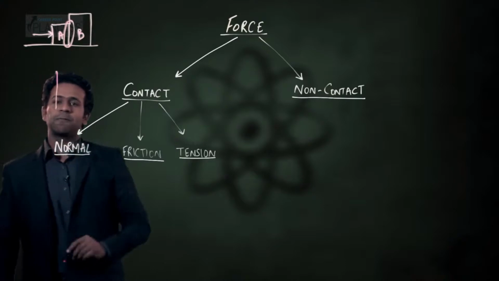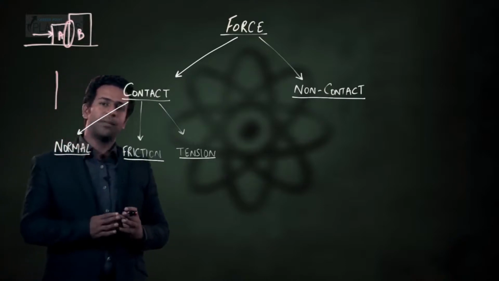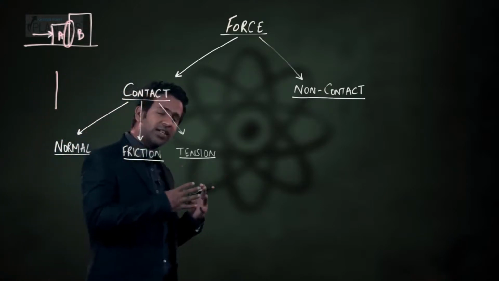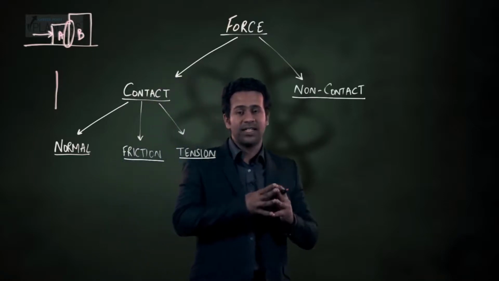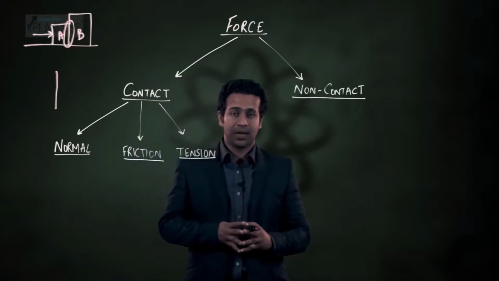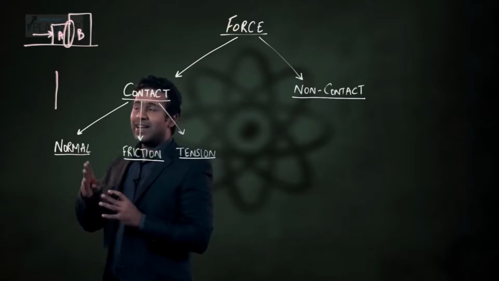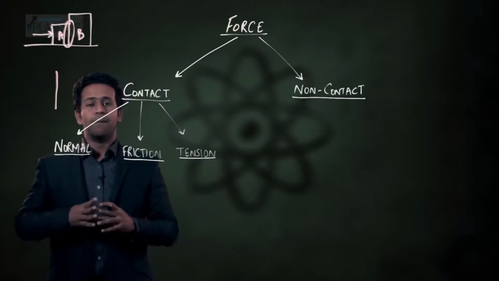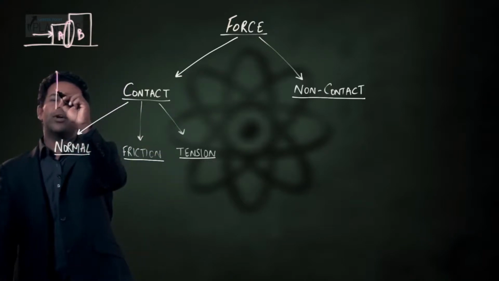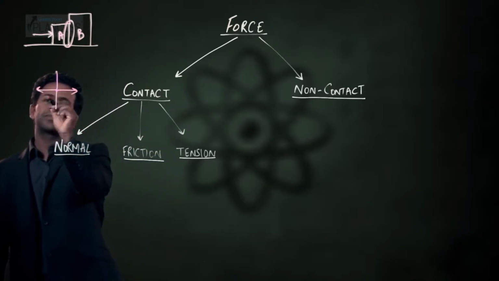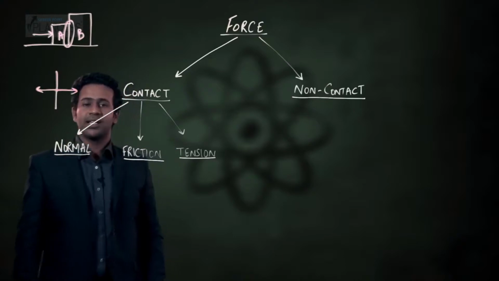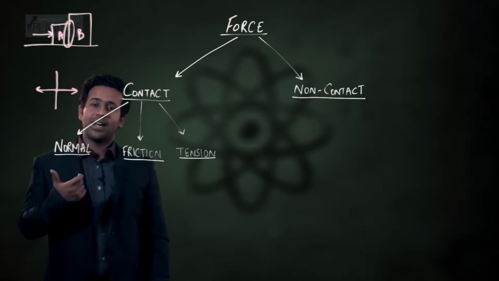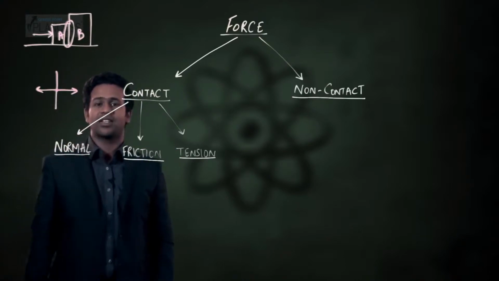So the force that A exerts on B, and by Newton's third law, B will exert an equal and opposite reaction. Right. So the force that A exerts on B and the force that B exerts on A, both of them are perpendicular to the surface. And these two forces that we are talking about are nothing but the action and the reaction pair.